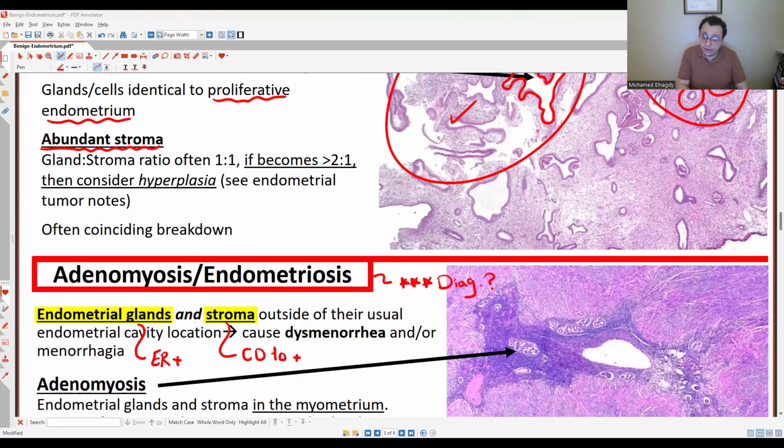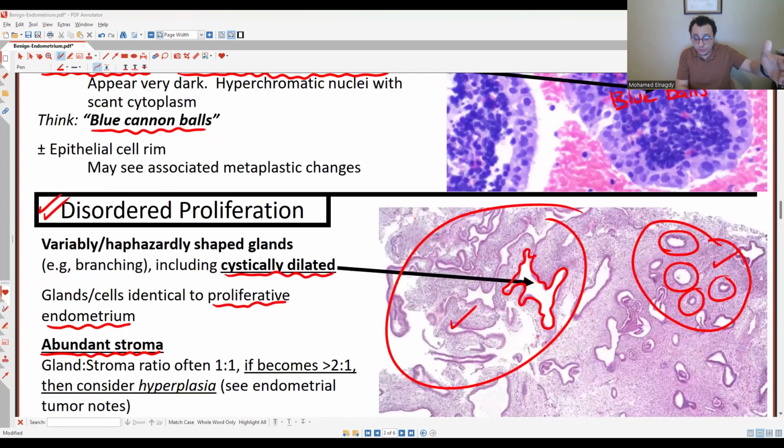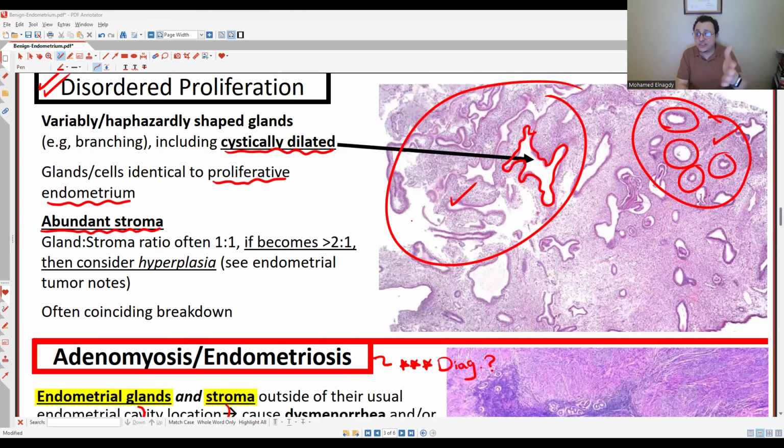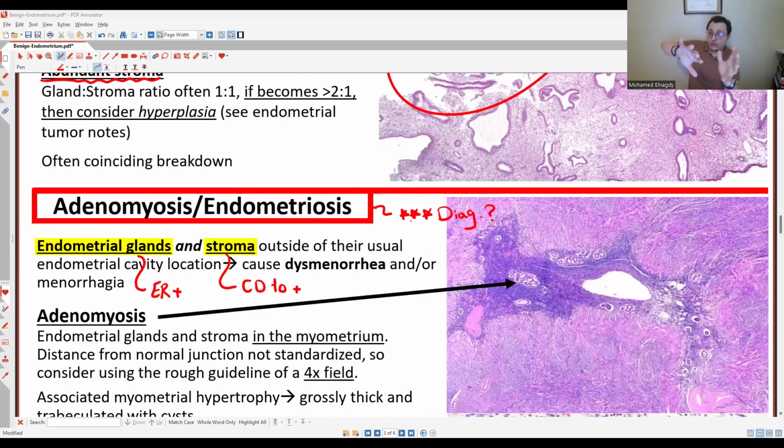Okay, and then we talked about the dysfunctional endometrium, dysfunctional uterine bleeding, in which you might see glandular and stromal breakdown, blue balls in lakes of blood, or you might see this disordered proliferative endometrium, in which you see some endometrial glands which look like proliferative glands, rounded, not dilated, pseudostratification with mitosis, but others look dilated, like the secretory, but when you go high power, you see that the lining is actually proliferative.